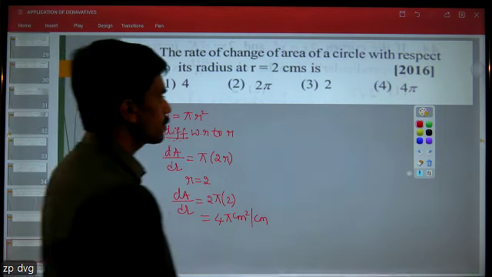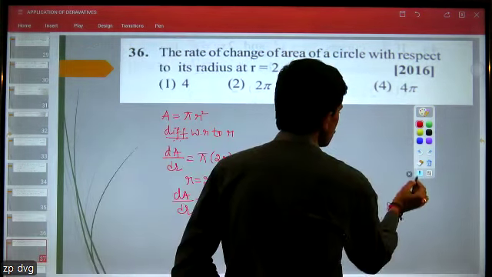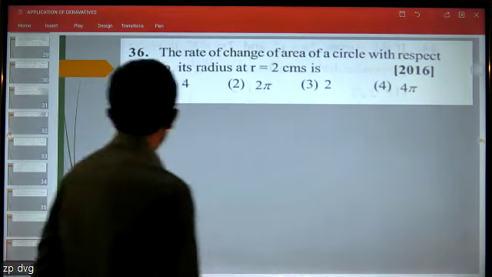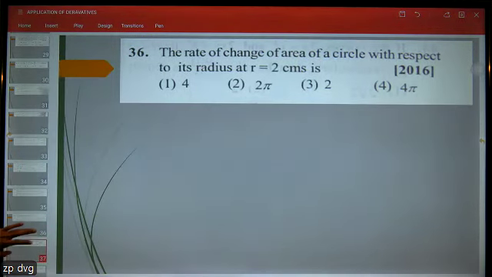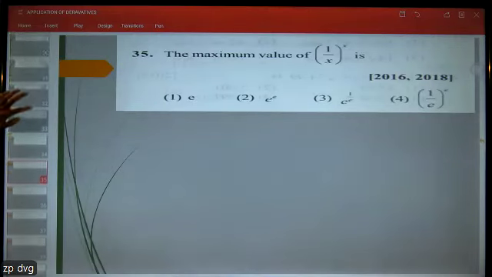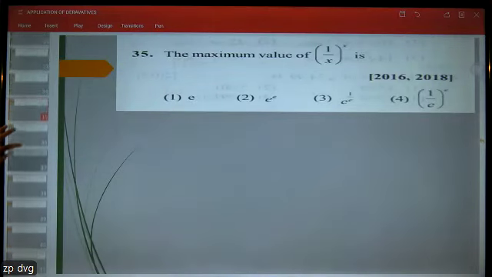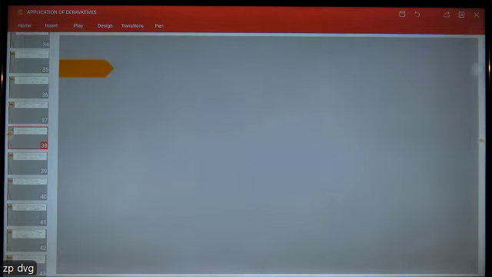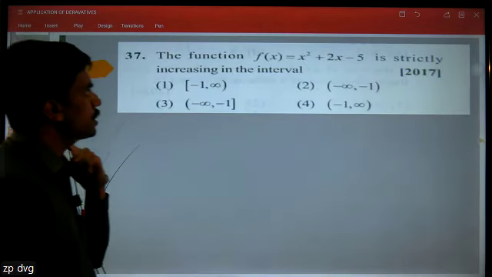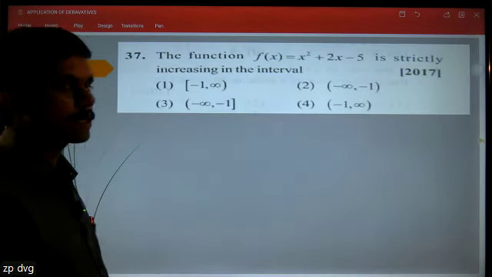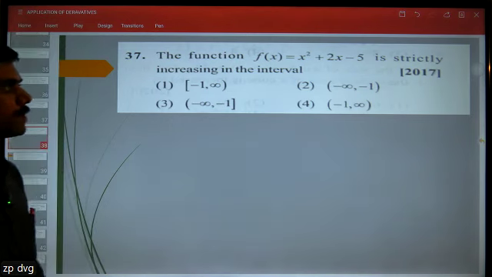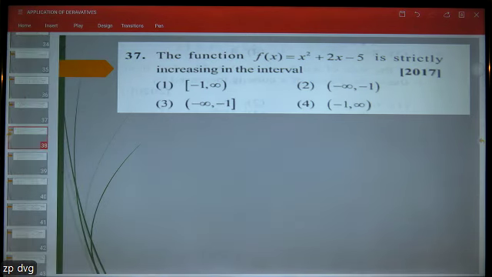Next, we'll go for question number 37. Question number 37: the function f of x equal to x square plus 2x minus 5 is strictly increasing in the interval. Strictly increasing means I have to take f dash of x greater than 0.